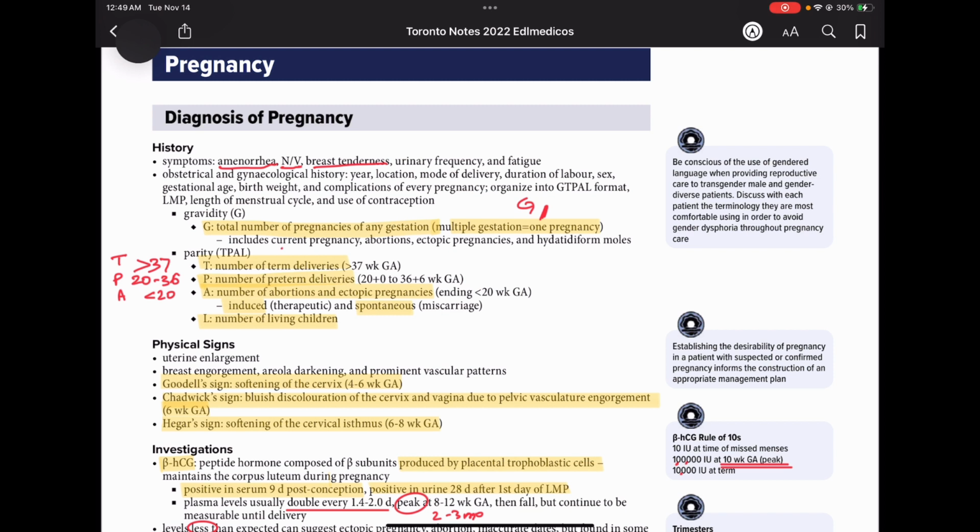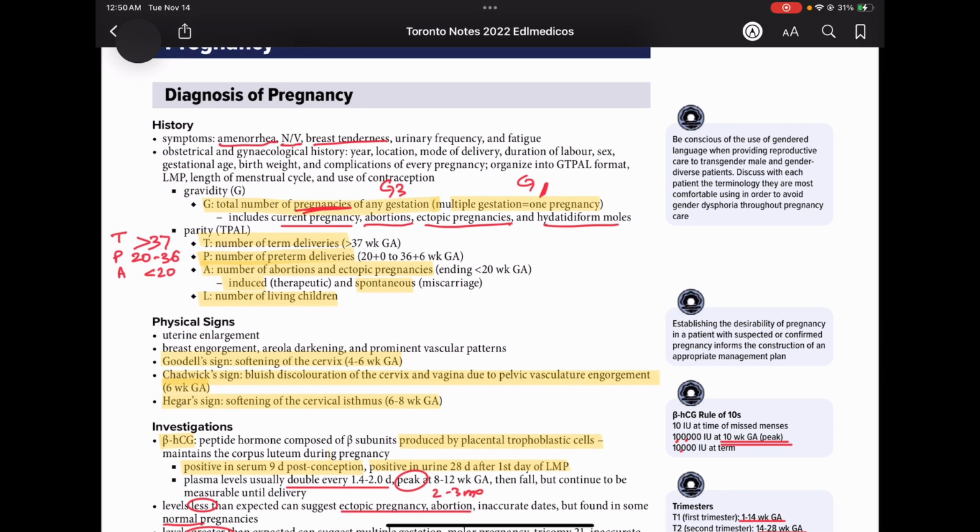It includes the current pregnancy also. So if a lady presents to you who is pregnant and who already had two pregnancies, then that would be gravida 3, because she is currently pregnant too. Abortions, ectopic pregnancies, hydatidiform moles, any such thing, if it was a pregnancy, then that would count toward gravidity.